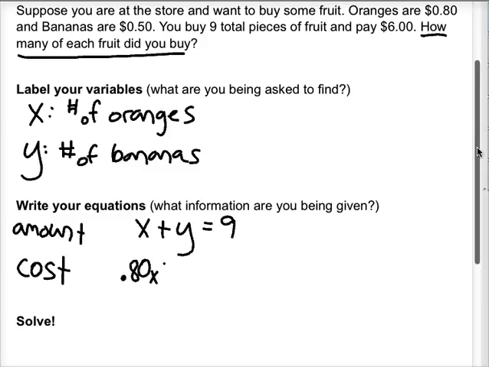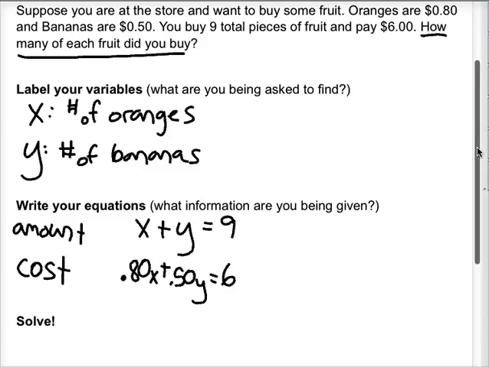Then bananas are 50 cents, and it says that you spend a total of $6. So the total amount of money that you spent is $6. All right. So after getting this set up, now you have your 2 equations that you needed.